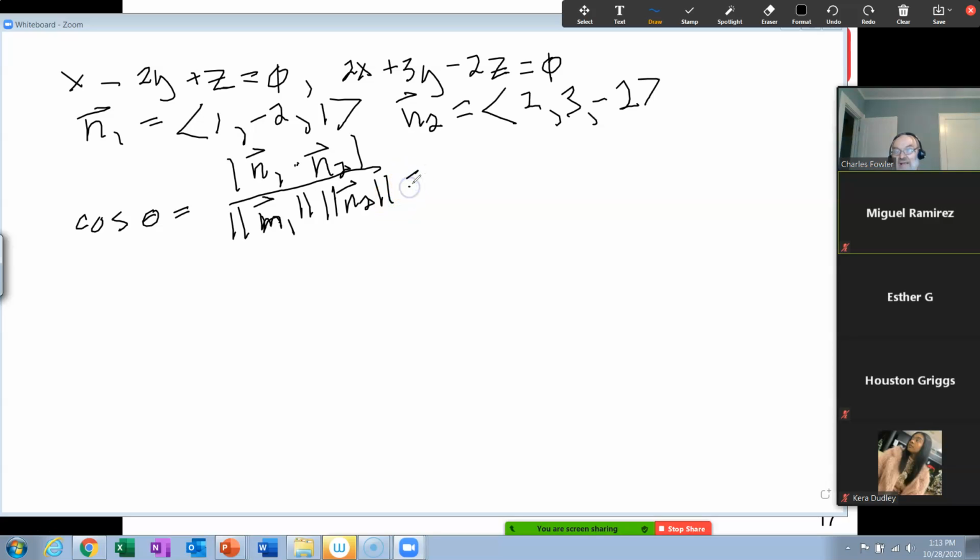Okay. Now, let's do the dot product between those two. Dot product, remember, is the product of the corresponding terms. 1 times 2, that would be 2. Negative 2 times 3 would be minus 6. And 1 times negative 2 would be negative 2. Okay, we're going to do the absolute value of that divided by the magnitude of this one, which is the square root of 1 plus 4 plus 1. That's the square root of 6.